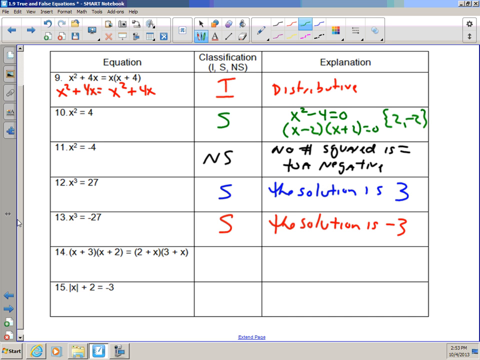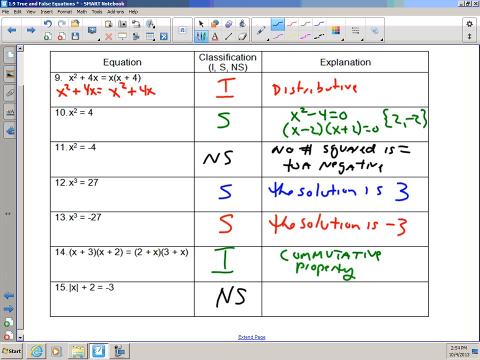The next one, an identity. Why is it an identity? Because all I did was switch the order. So the commutative property tells me it's an identity. And then finally, the absolute value of x plus 2 equals negative 3. No solution.